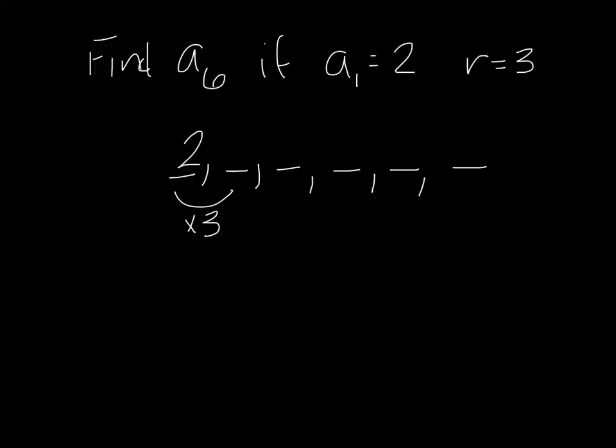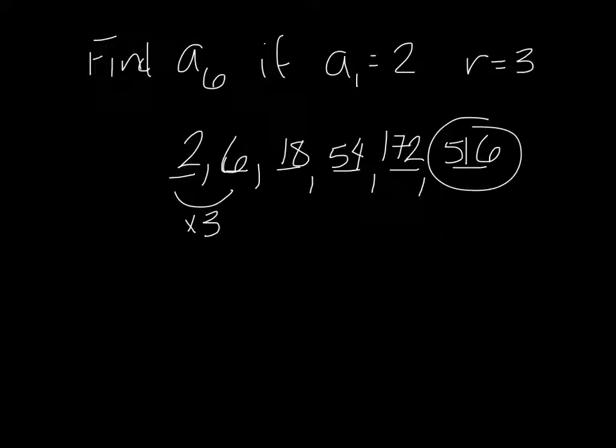So then I just figure that out. 2 times 3 is 6, times 3 is 18, times 3 is 54, times 3 is 172, I think, times 3 is, I don't know, 516. So then a sub 6 would be that.